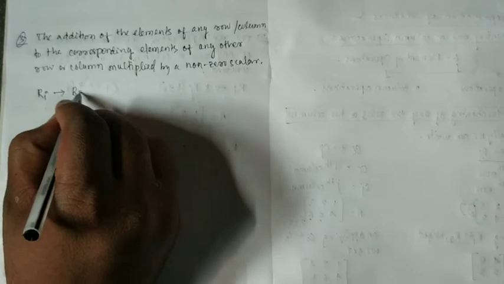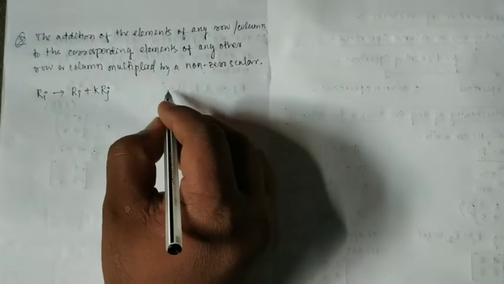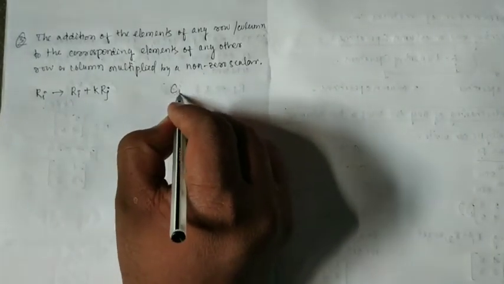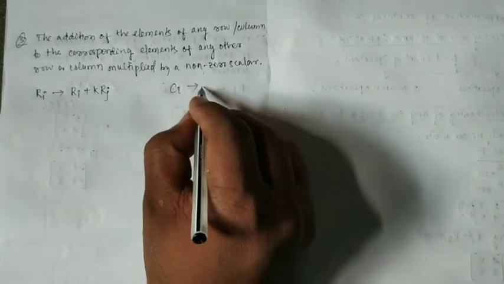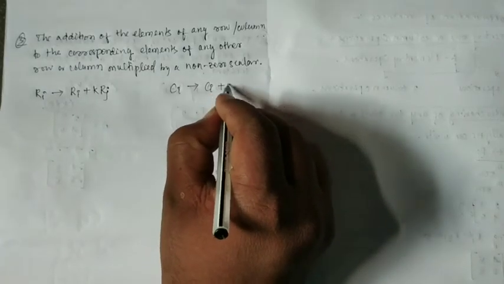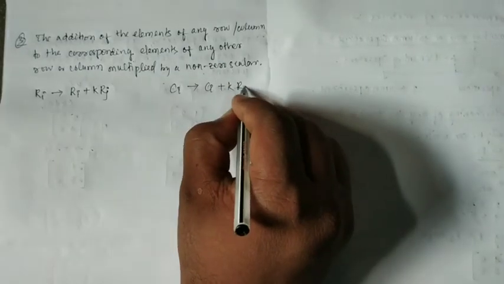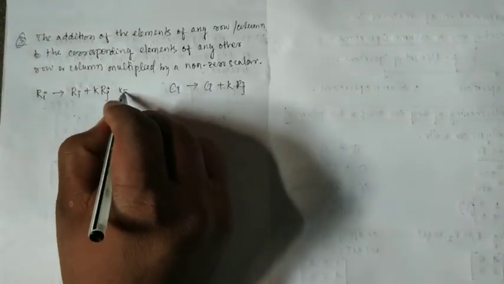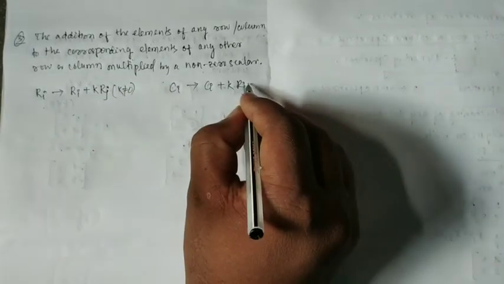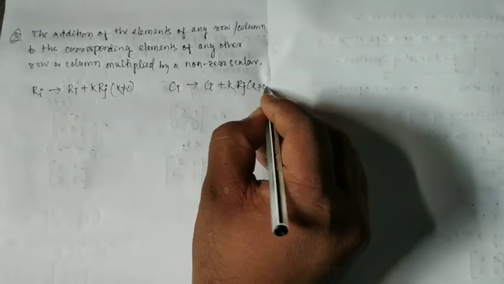Symbolically, we can write it as any row Ri can be replaced by Ri plus some non-zero constant k times another row Rj. Similarly, in case of columns, any column Ci replaced by Ci plus a non-zero constant k times Cj. Here k not equal to 0. Similarly, here k not equal to 0.